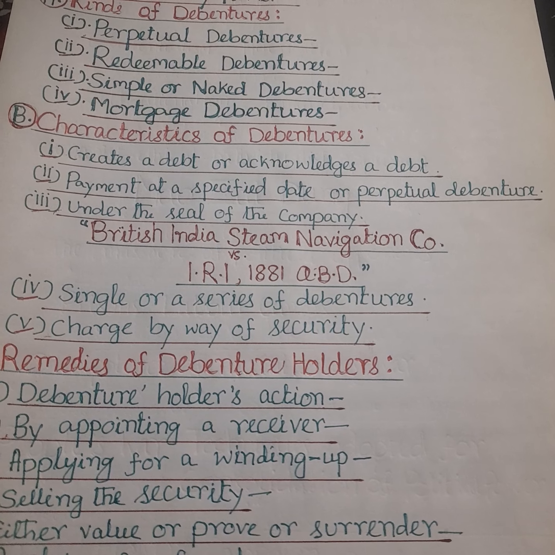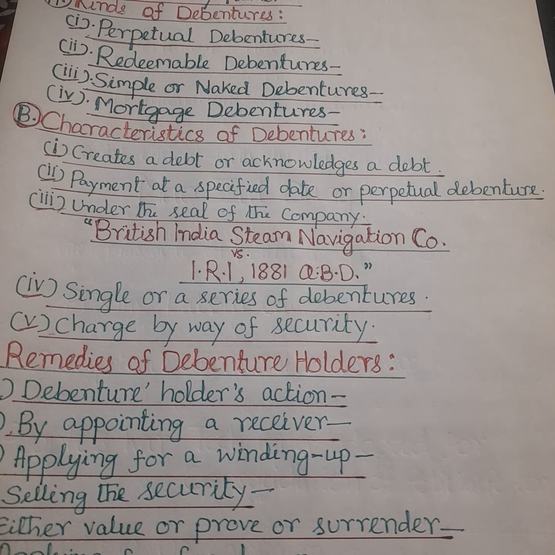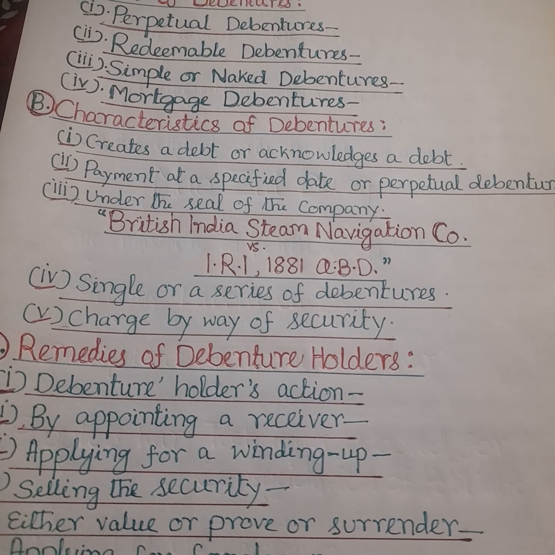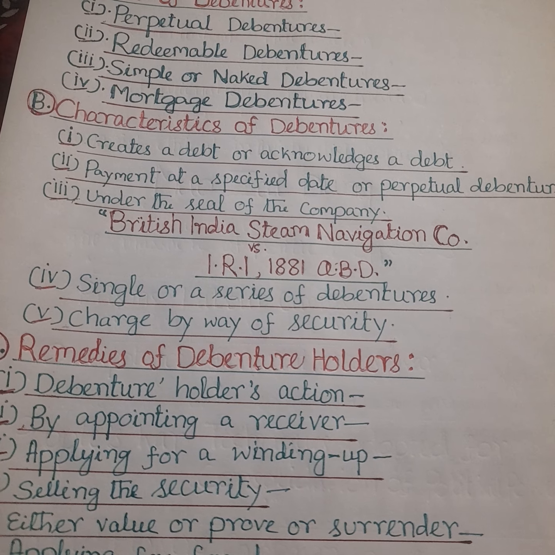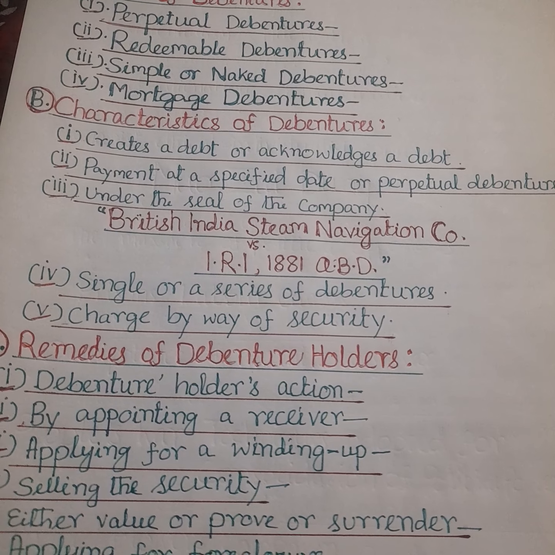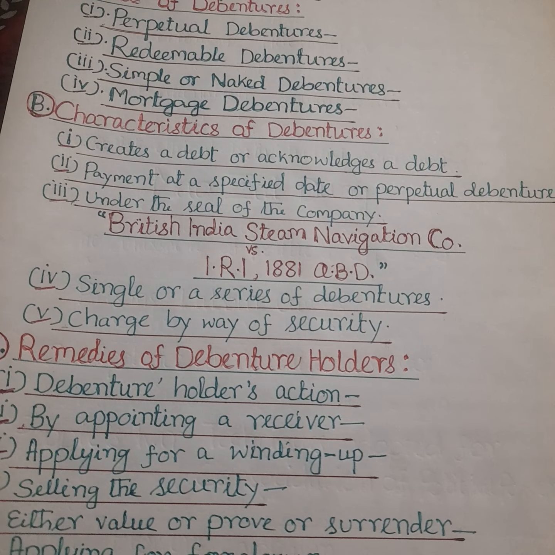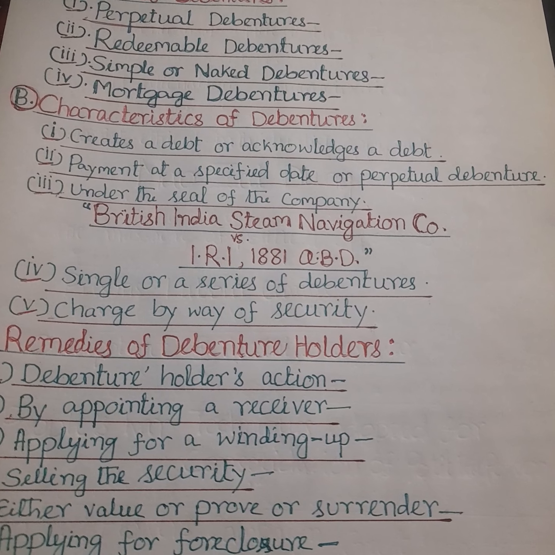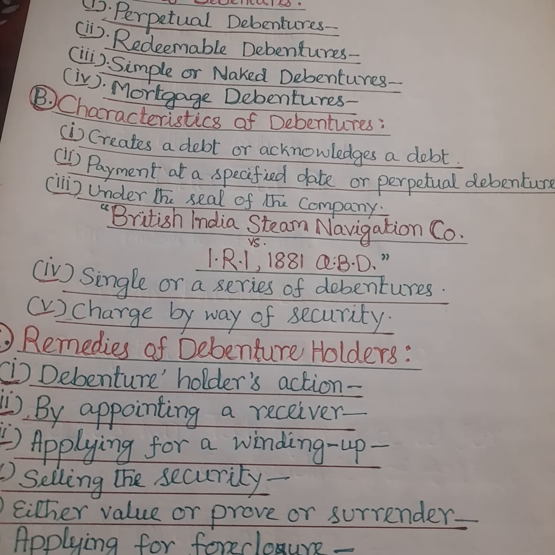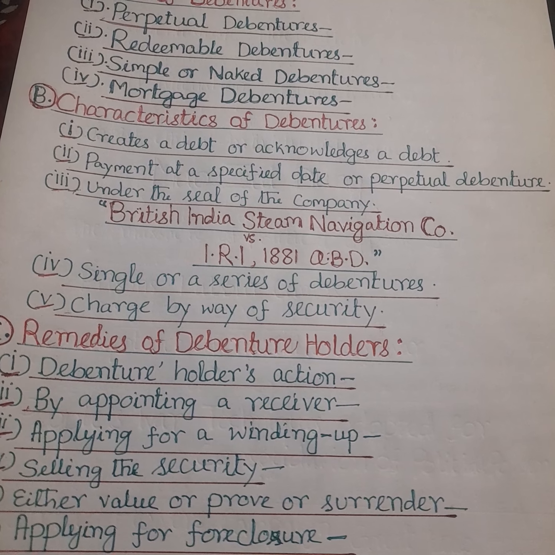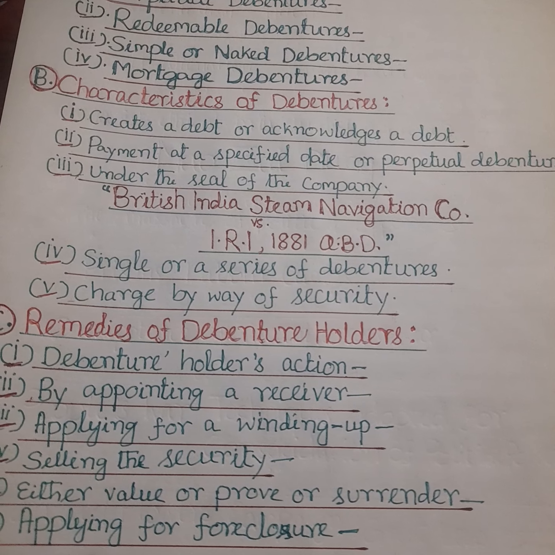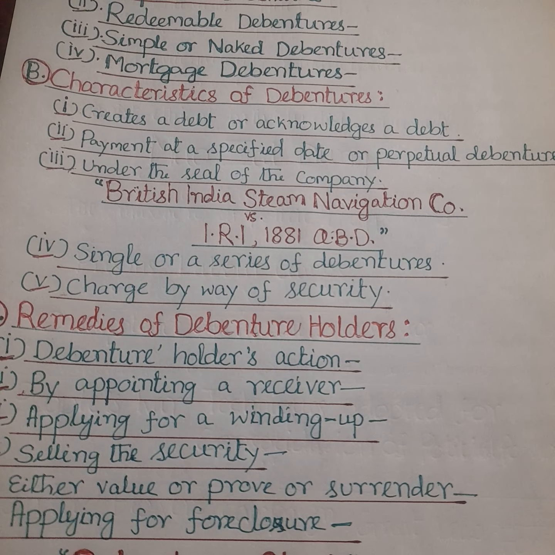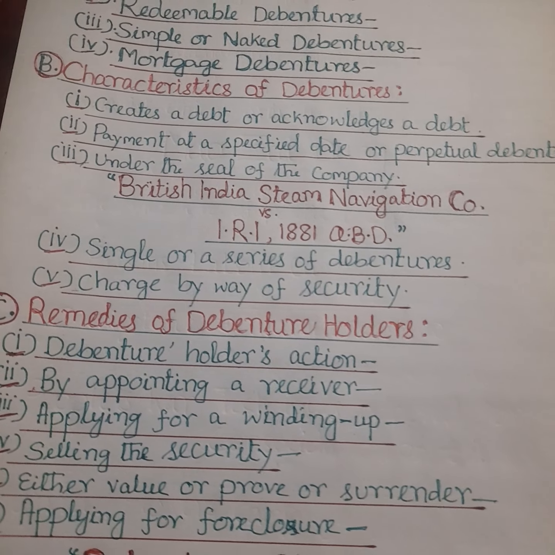Mortgage debentures are those which are secured by a fixed or floating charge on the assets of the company. Now we want to discuss the various characteristics of debentures as provided under Section 2, subsection 30 of the Companies Act 2013.